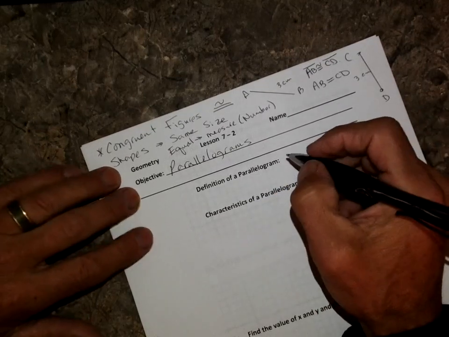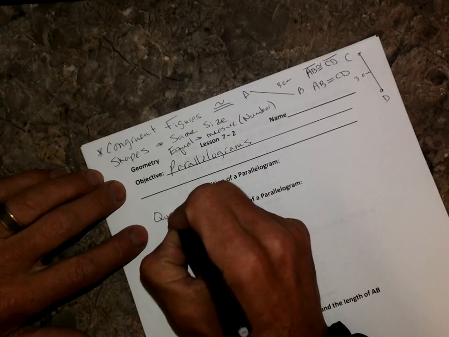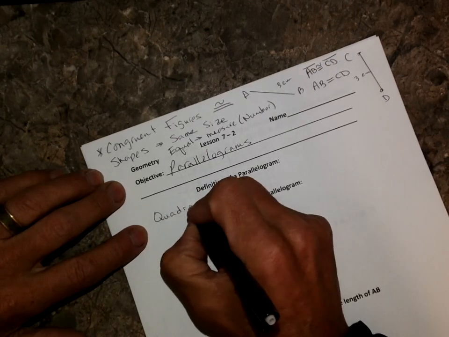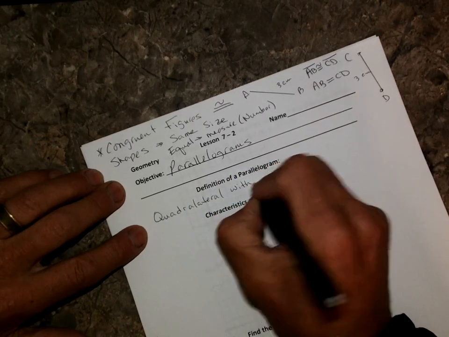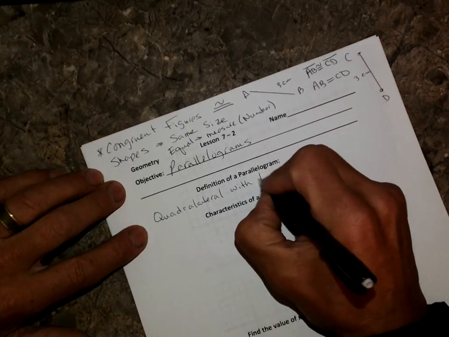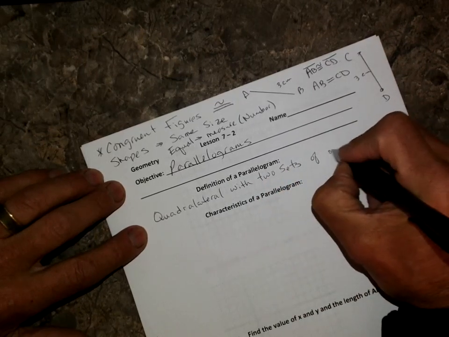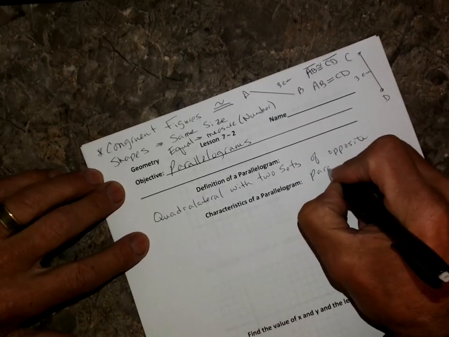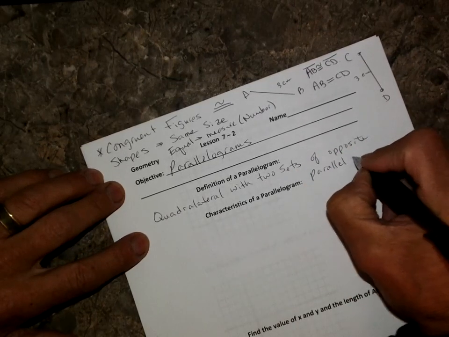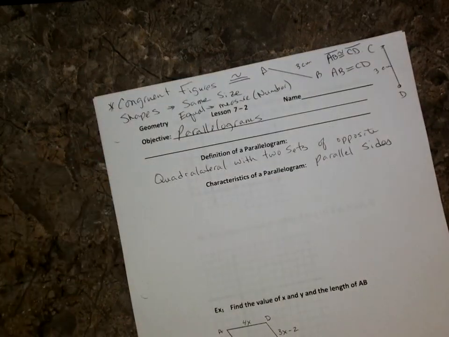It is a quadrilateral with 2 sets of opposite parallel sides.